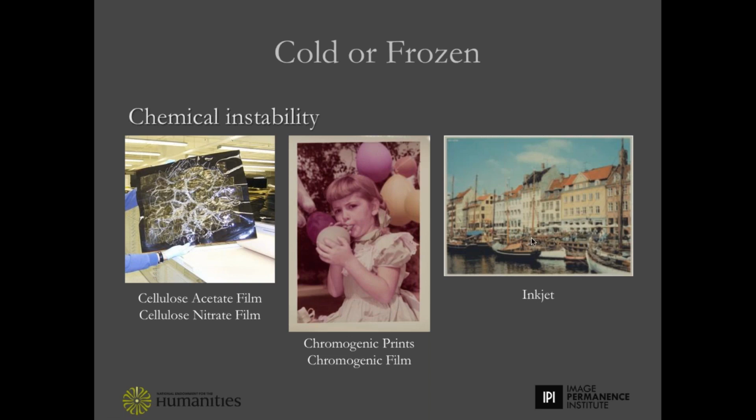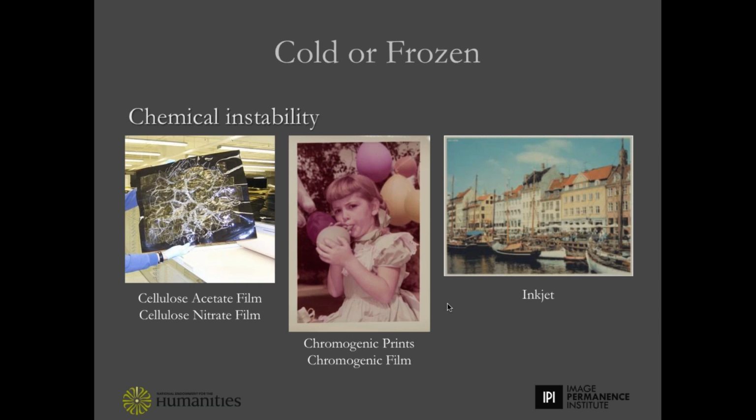Some inkjet papers, that's over here on the far right, have issues with yellowing of the image receiving layer. So it's not the image that we're necessarily so concerned with, it's actually the receiving layer. Yellowing can be due to changes in the optical brightening agents, those special dyes added to make papers brighter and whiter. Or it can be due to the absorption of pollutants into the receiving layer, or yellowing of the paper fibers.